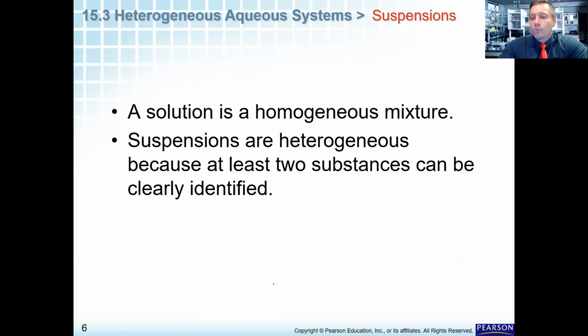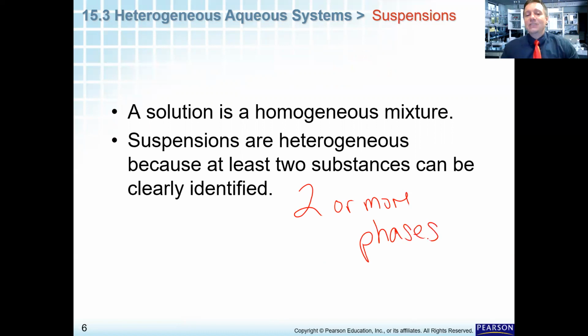So a solution is a homogeneous mixture. We learned that previously in another chapter. Suspensions are heterogeneous mixtures because at least 2 substances can be clearly identified. So 2 or more phases. That's a key term that we learned about heterogeneous mixtures. A homogeneous mixture is 1 phase.